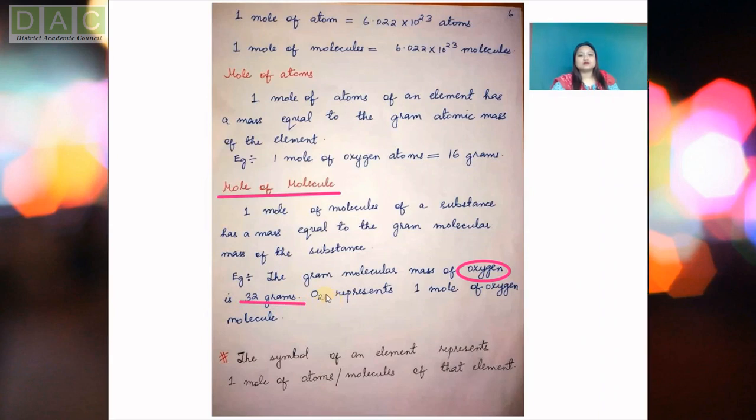And so this 32 gram is equal to 1 mole of oxygen molecule. So we can say that the symbol of an element represents 1 mole of atoms or molecules of that element.